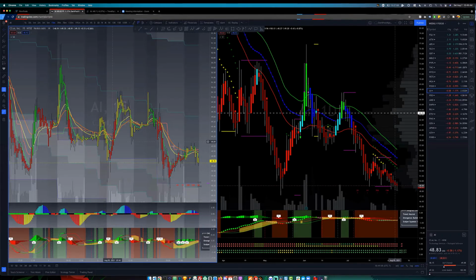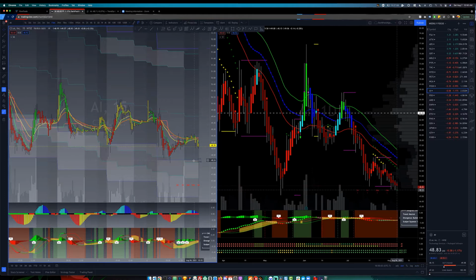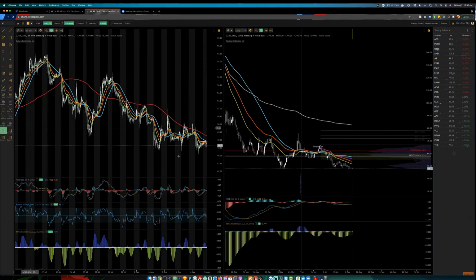All right, so AI, it looks like it just came off the bottom of the dailies and the 4-hour clouds at 48.24. So the daily cloud is at 48.24. This is a daily cloud.